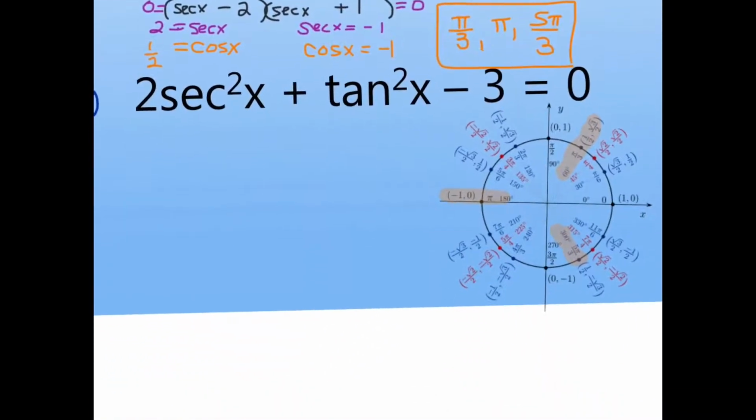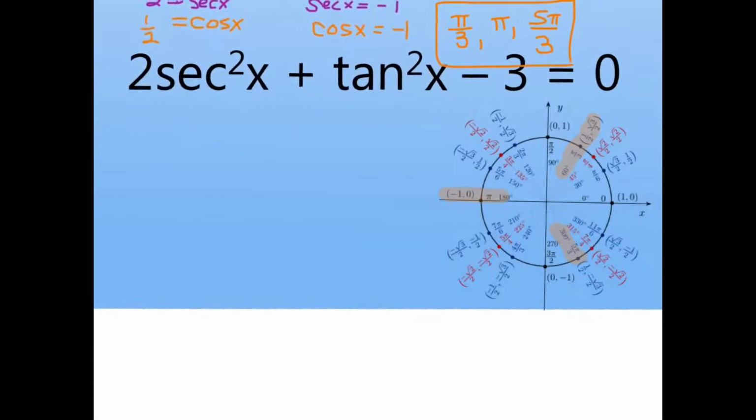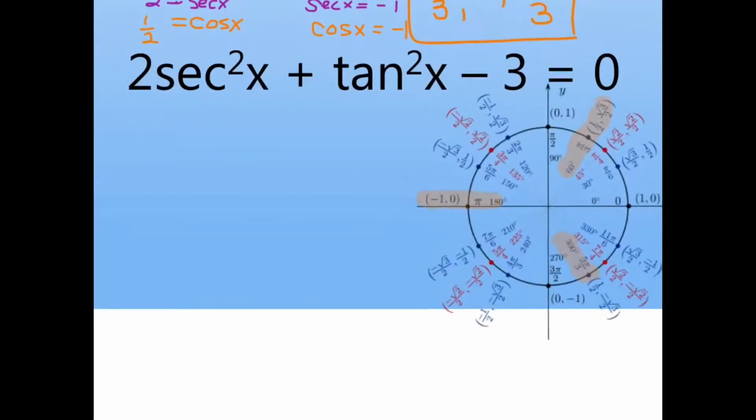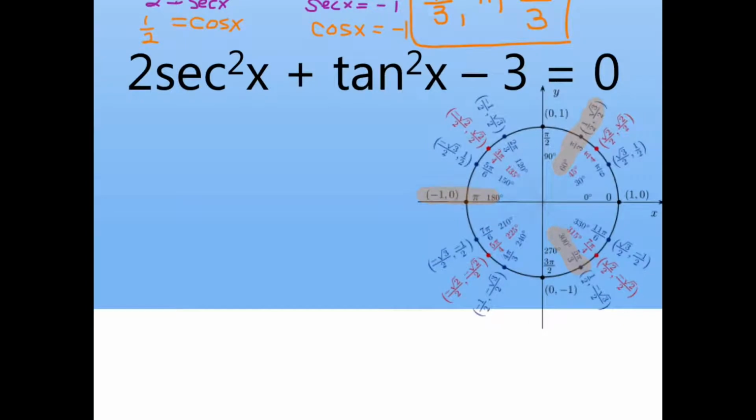Number 3 has 2 different trig functions, and hopefully you can identify here that I would have to change these so that they are the same trig function. You remember one of your Pythagorean identities has secant squared and tangent squared in it: tangent squared plus 1 equals secant squared.